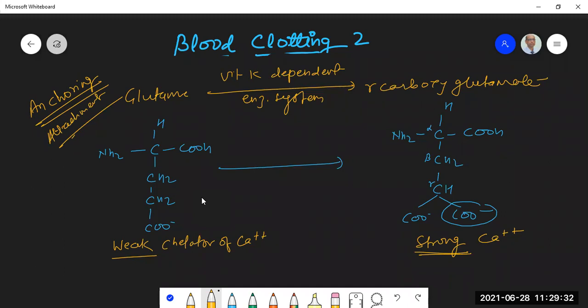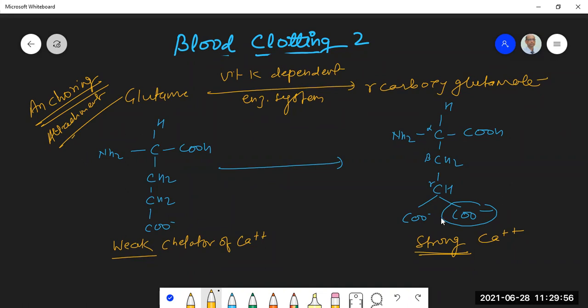And that is how it brings prothrombin in closer proximity to factor 10A and factor 5A. Okay, because now we have just learned that factor 10A and factor 5A are responsible for converting prothrombin to thrombin. And for its conversion, it is necessary that prothrombin comes in closer proximity to these two factors.